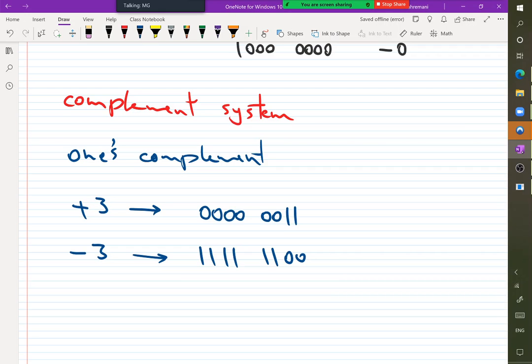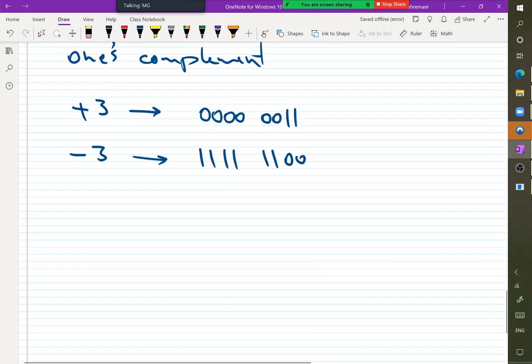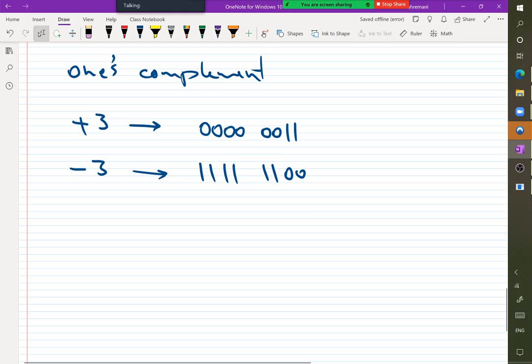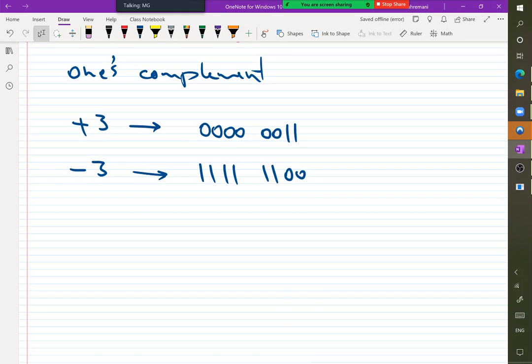Do you remember I said we can eliminate the need for subtraction by introducing the complement numbers? Let me show you. Let's say we have two numbers, 48 and negative 19.